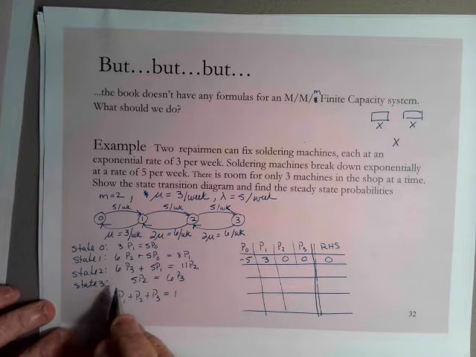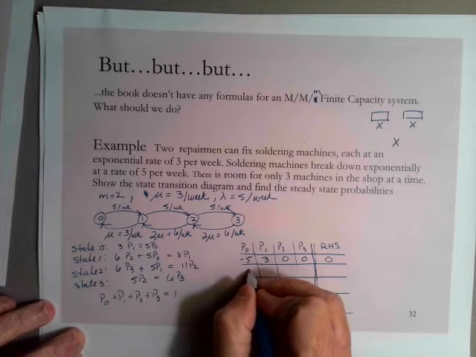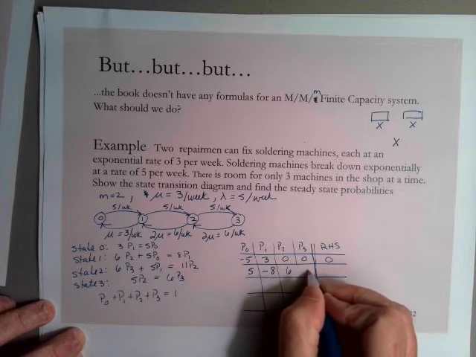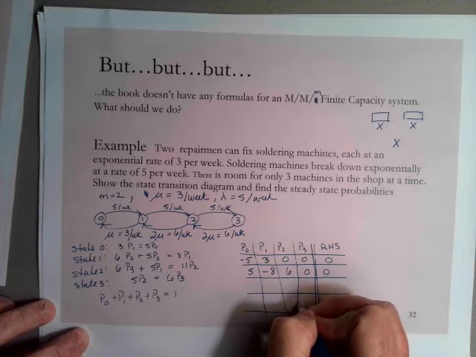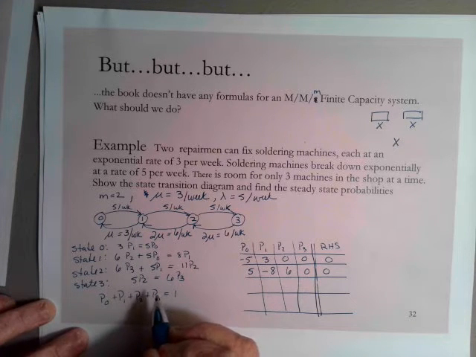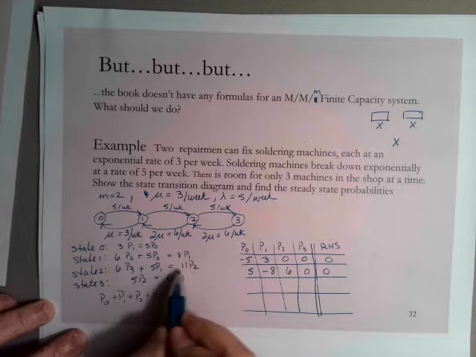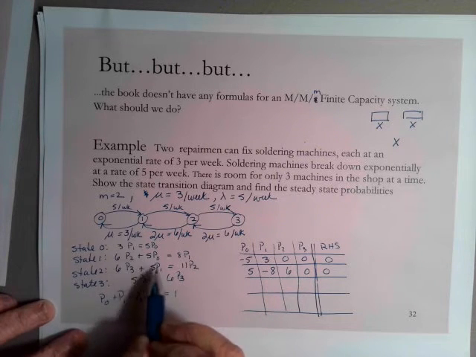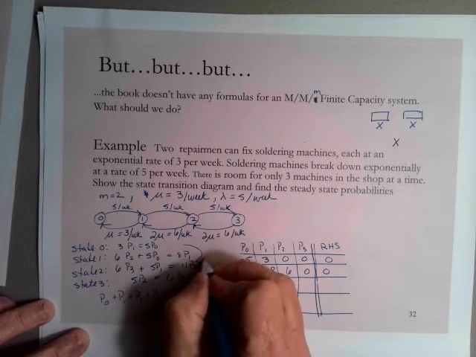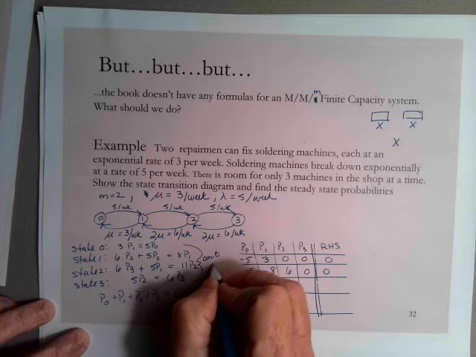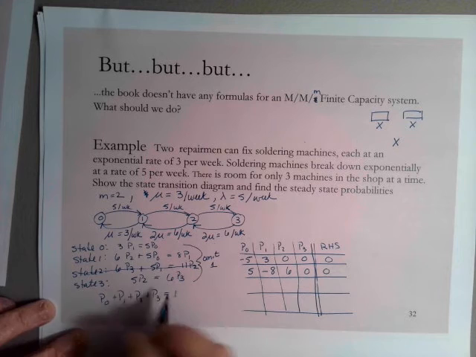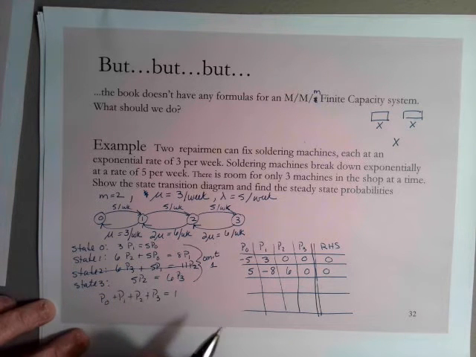And then for state 1, we would have a 5, and then minus 8, and then a 6, and then 2 more zeros. And then what I decided to do was leave out the equation for state 2. Remember, we have to delete one of these, so we have to omit one. So I'm going to omit this one right here. And then my next equation that I'm going to use is for state 3.